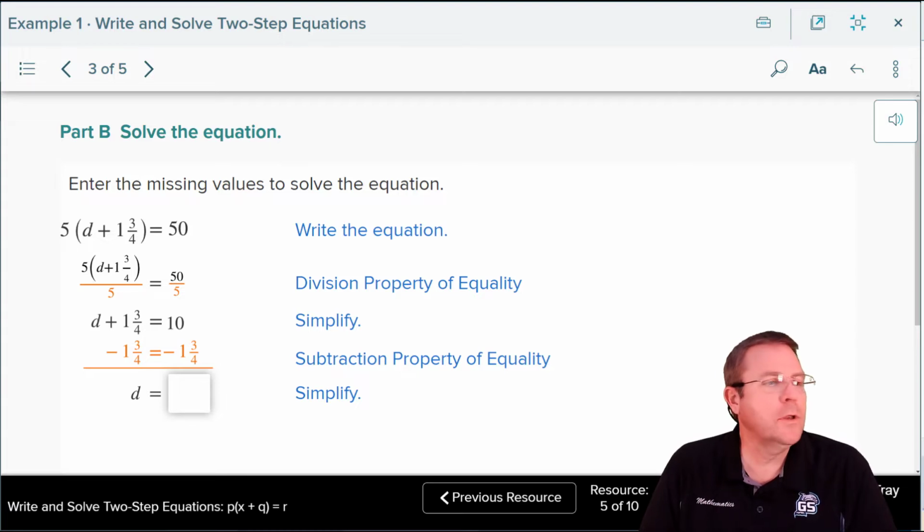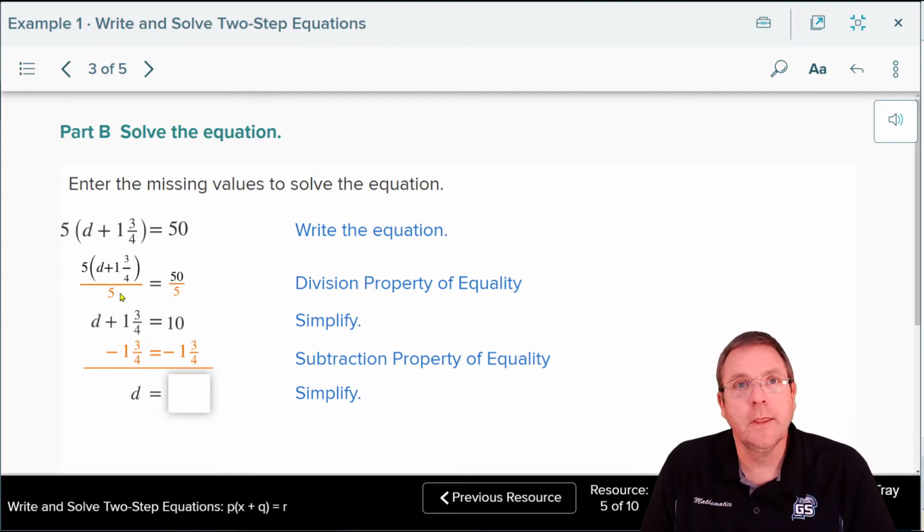To do that, they're going to use the division property of equality, where they took this 5 and divided it on both sides. The 5s on the left are going to divide each other out, and on the right, 50 divided by 5 is going to equal 10. So now I have D plus 1 3/4 is going to equal 10.